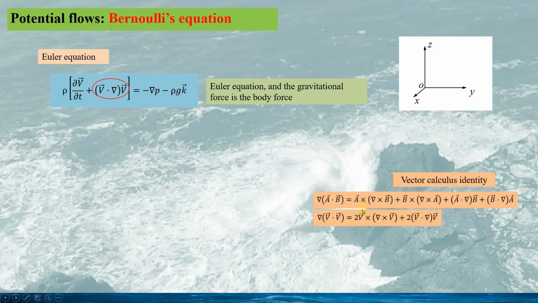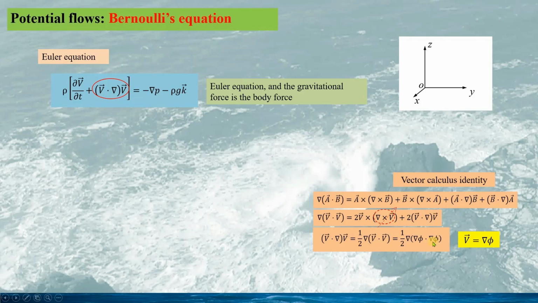So here, if we take the vectors A and B the same as the velocity vector, we have the expression as this. Considering the irrotational flow, the curl of the velocity vector would be 0, so this term would vanish. Therefore, we can obtain the convective acceleration given as this.